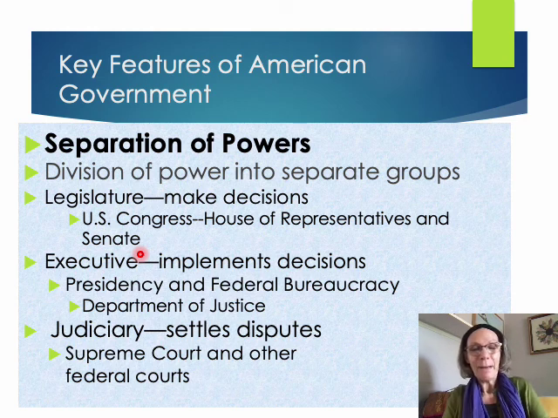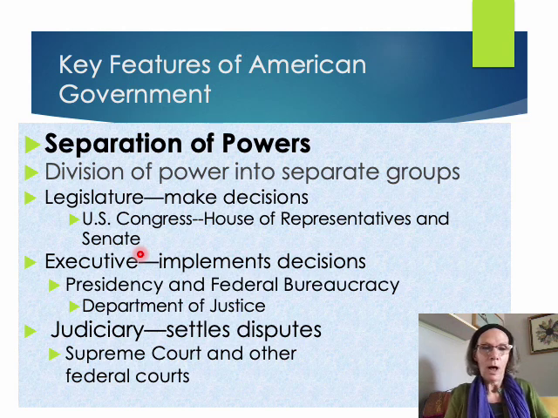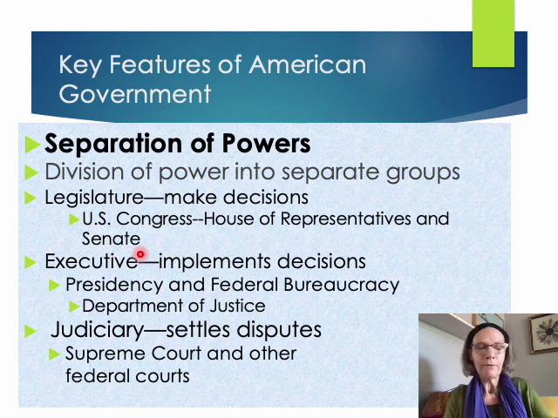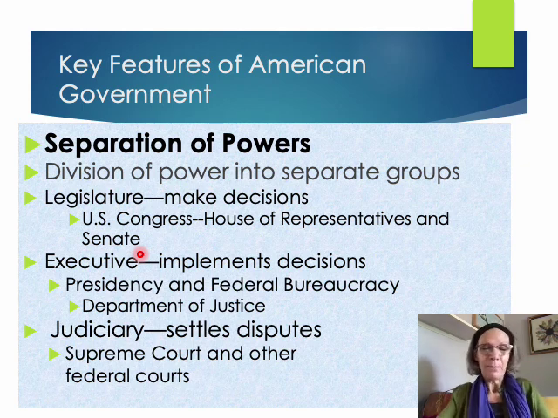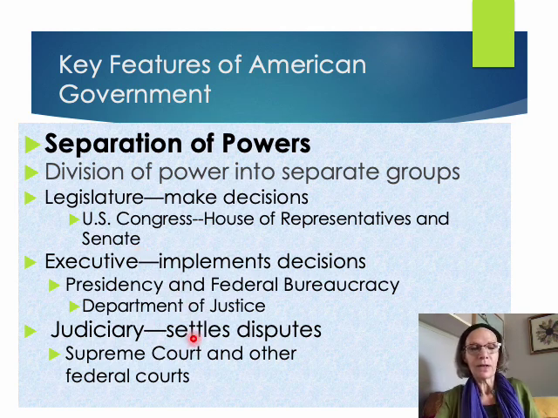That's based not on population, but on just being a state. So while more populous states get more of a say in the House of Representatives, in the Senate, every state is equal. Every state, regardless of how populous it is, gets 2 senators, okay? And so that's one of the ways the power is separated out. The lawmaking power is put in the hands of the legislature.